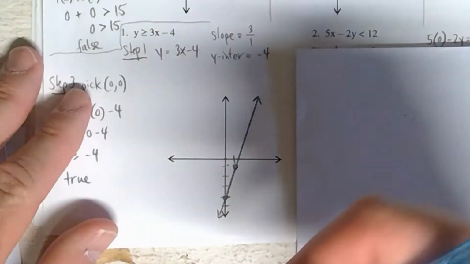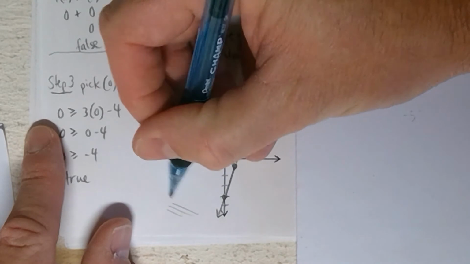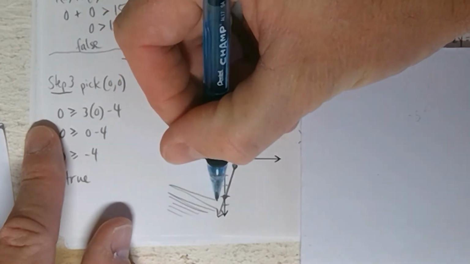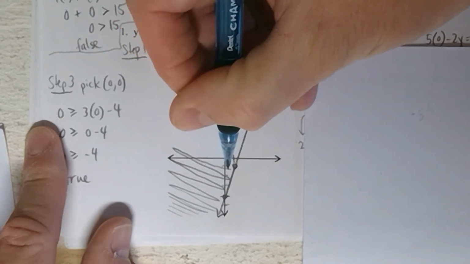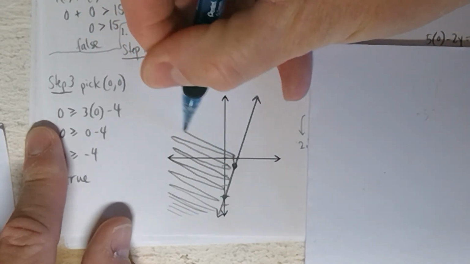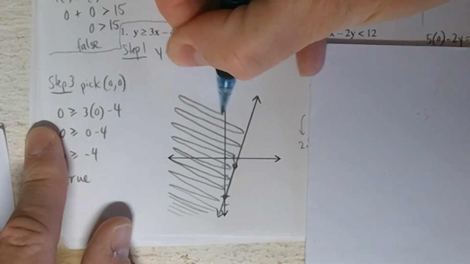You don't go to the other side like you would if it had been false. So let's go ahead and draw a good solid shading here, all the way to the ends of the grid on that side of the line.